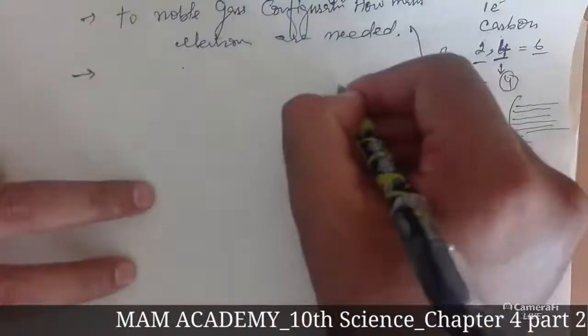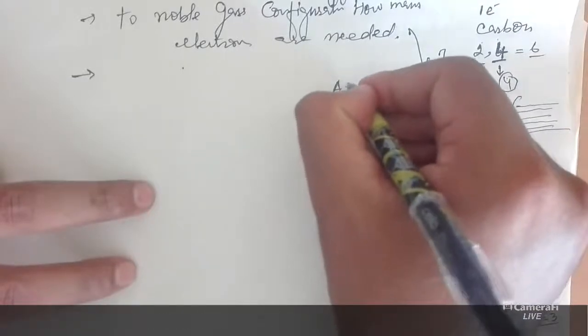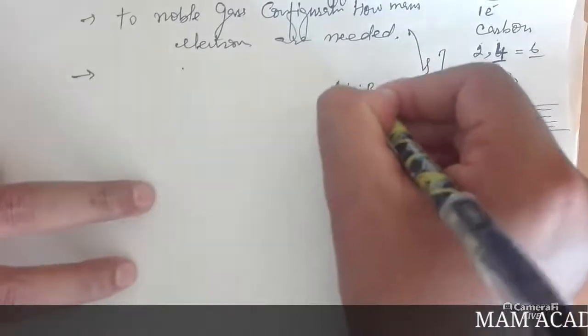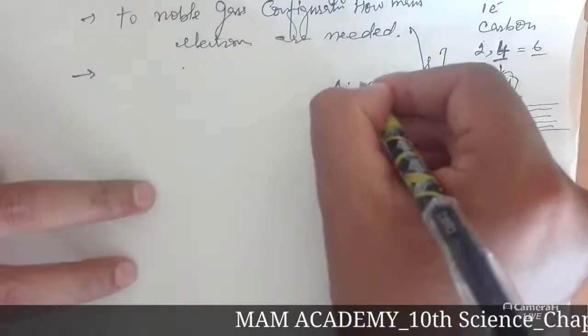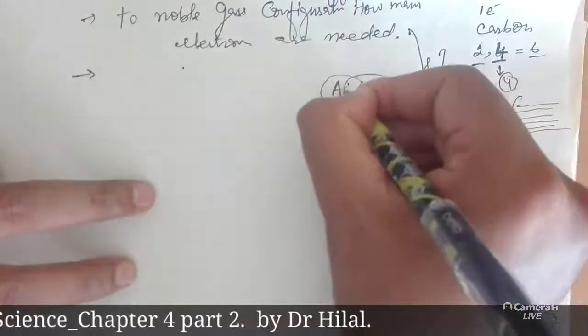So when we have atom A and atom B, we have to share their electrons in such a way that both A and B attain the noble gas configuration in their outermost shell.